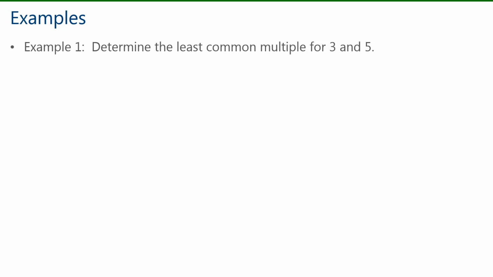In the first example, we're asked to determine the LCM for 3 and 5. So let's first of all generate the multiples of 3. So 3 times 1, 3 times 2, 3 times 3, 3 times 4, 3 times 5. How far do we have to go? Not quite certain, but I'll list off a couple more, put a comma, put in my ellipsis to show that this can continue on, and we're going to start on the multiples of 5. And hopefully, we'll notice a common number in both lists.